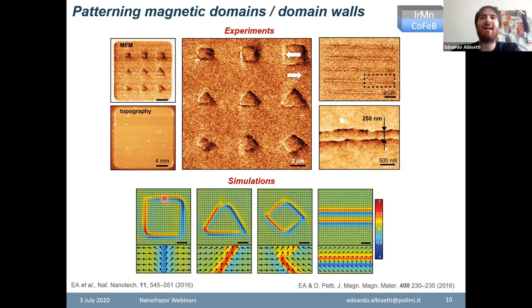And here you have a side-to-side domain wall, so like this. All these different spin structures have different functionalities. So if you can really control the position and the spin structure within the domain walls and within the domain, you can hope to build new devices that exploit these particular properties. And of course, changing the shape, you have different structures at the boundaries.